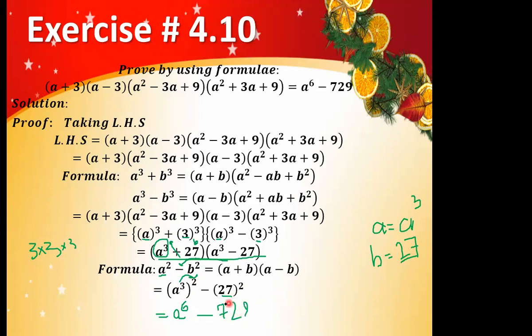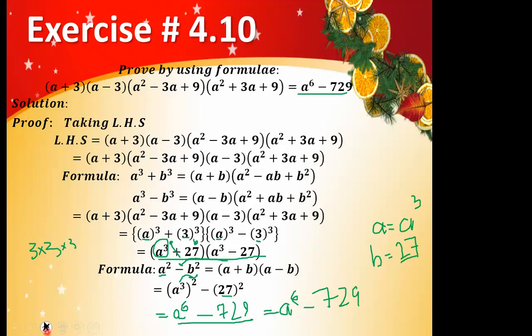Now as you can see, this is your left side, and this is your right side. Your left side is equal to the right side, which is a^6 minus 729. So hence you have proved that the left side is equal to the right side.